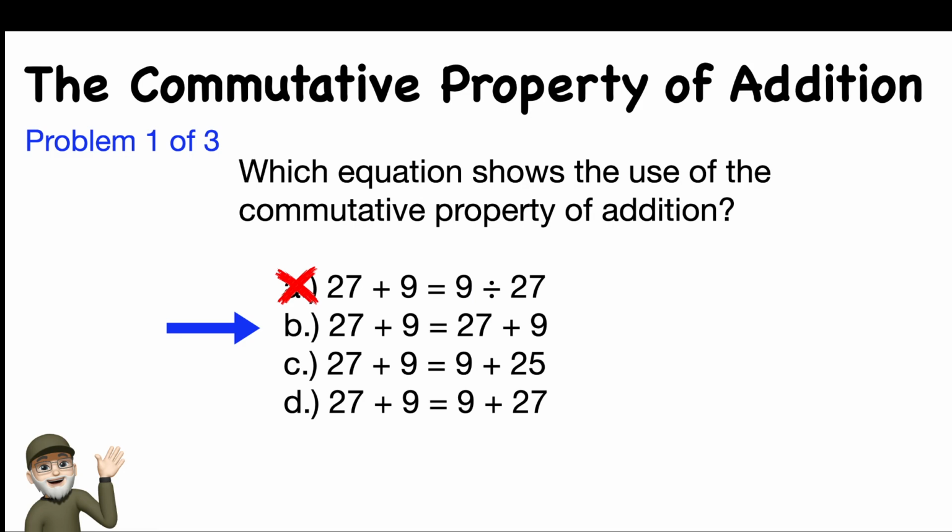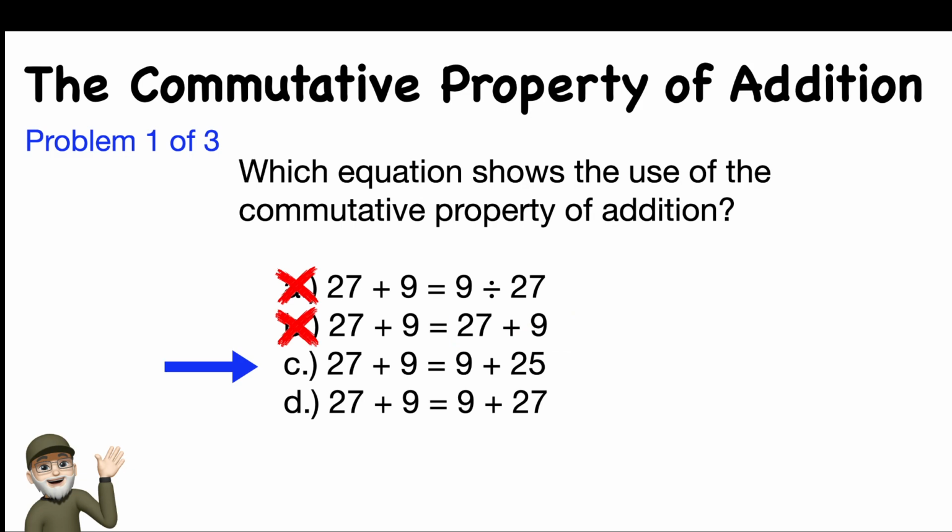B. 27 plus 9 equals 27 plus 9. Does that look right to you? We have addition on the left and on the right, but notice that 27 plus 9 on the right, the order is exactly the same as it is on the left. So this is also not the commutative property.